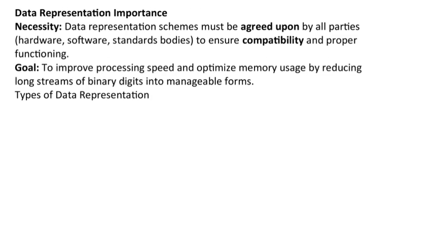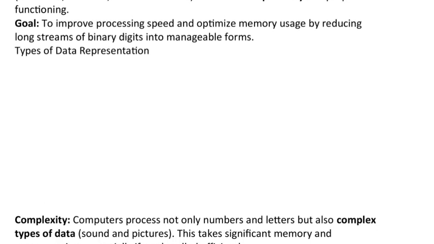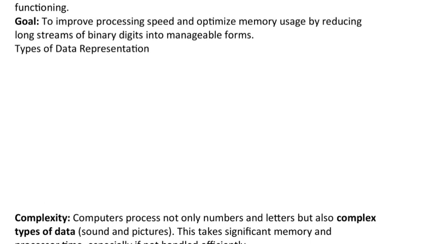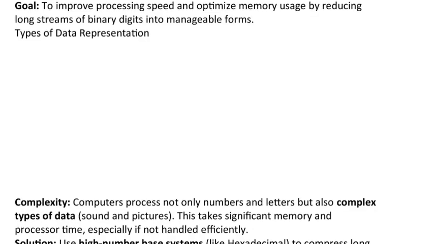Data representation importance. Necessity: data representation schemes must be agreed upon by all parties (hardware, software, standards bodies) to ensure compatibility and proper functioning. Goal: to improve processing speed and optimize memory usage by reducing long streams of binary digits into manageable forms. Types of data representation.